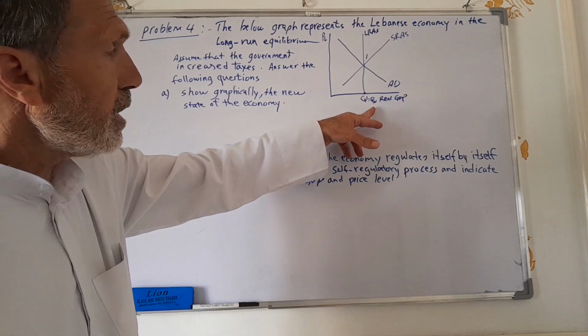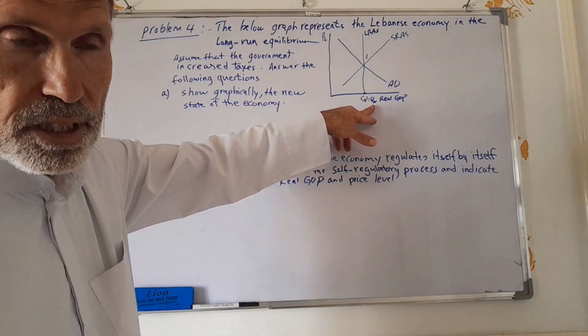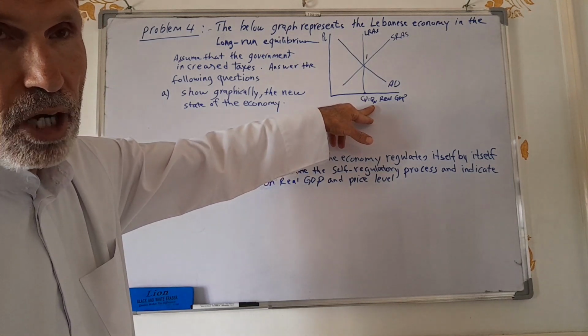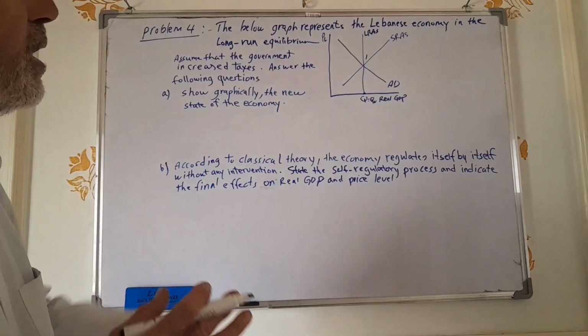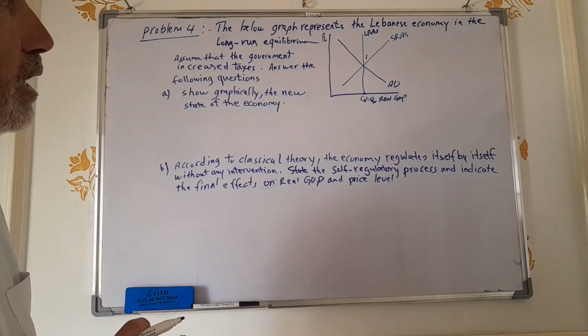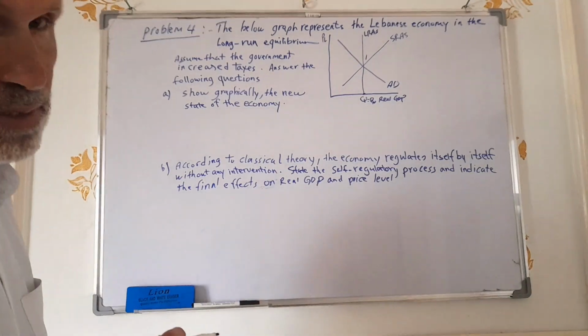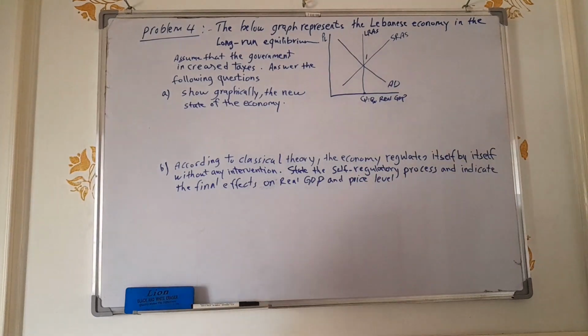So let's represent this one by the letter QN, which stands for natural GDP, potential output, or full employment output. So the Lebanese economy is at point 1, where aggregate demand intersects the long run aggregate supply at point 1. As you can see, all these 3 curves intersect at 1. Now, assume that the government increased taxes.